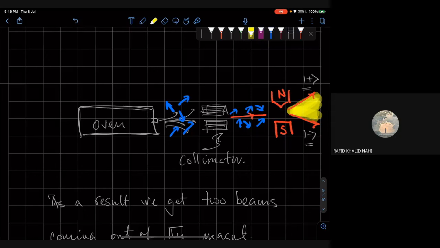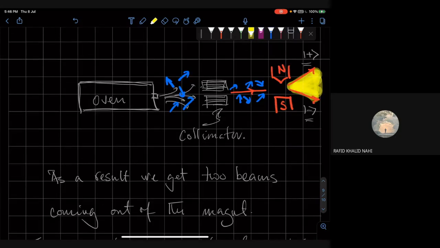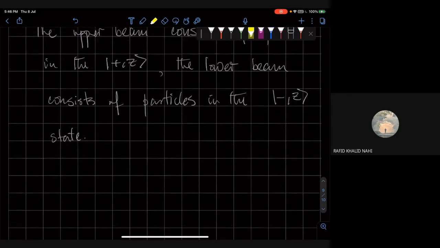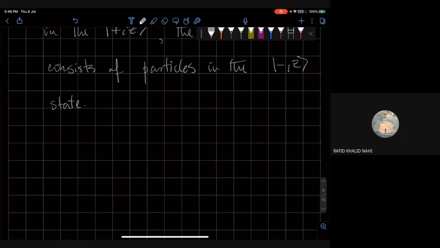Okay. The classical expectation is that if you catch the particles on some screen, you're going to get something like this.